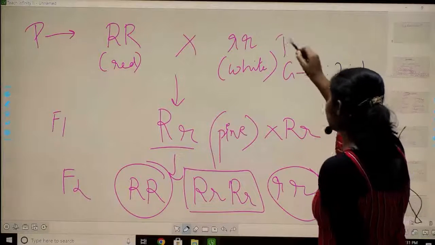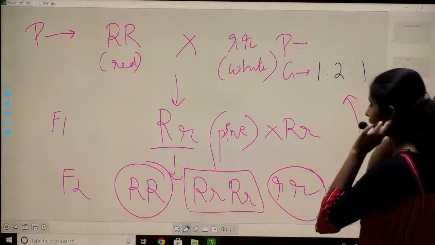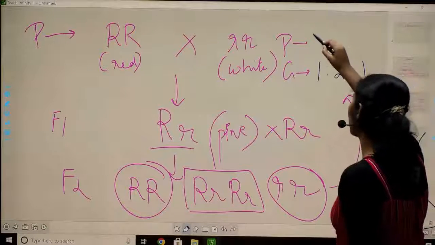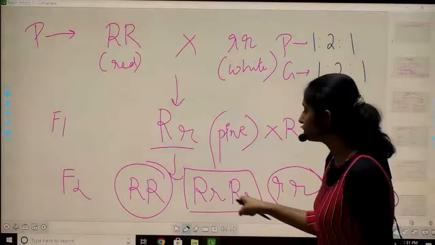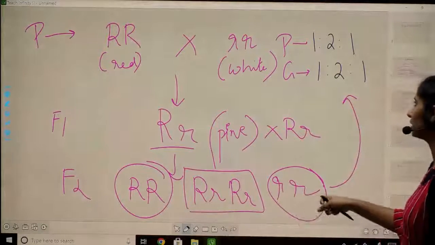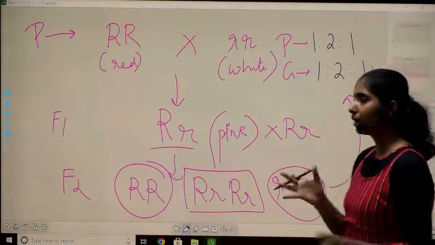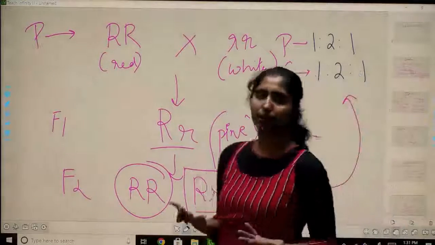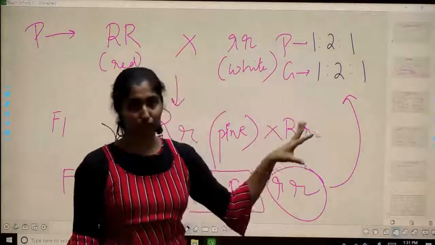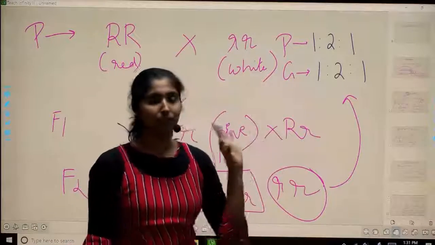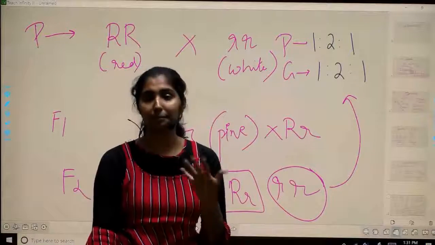What about the phenotypic ratio? The phenotypic ratio here is 1:2:1, because 1 is red, 2 are pink, and 1 is white. In the monohybrid cross, the phenotypic ratio that we arrived at was 3:1, but we see here a deviation from the classic phenotypic ratio given by Mendel.